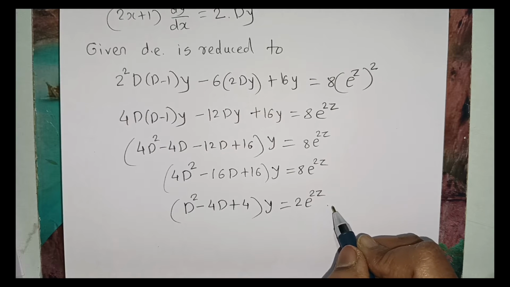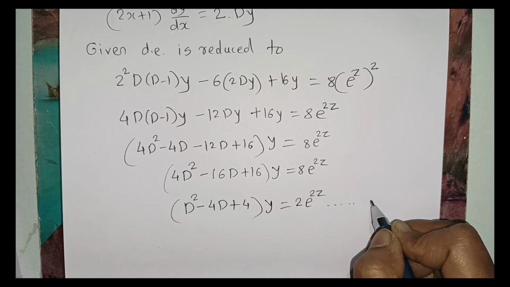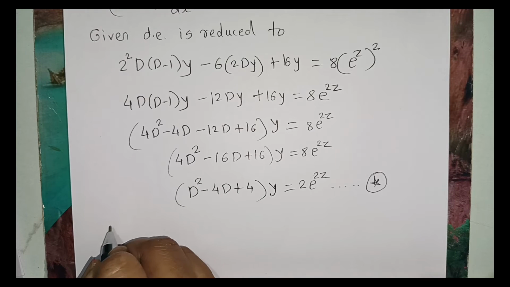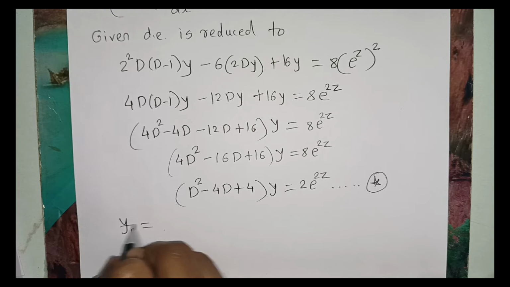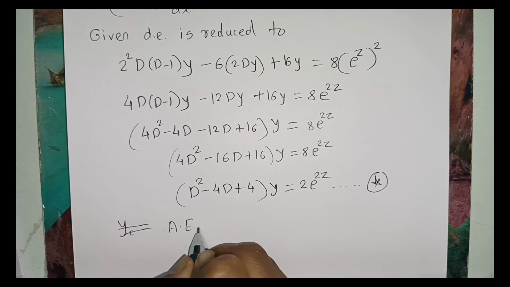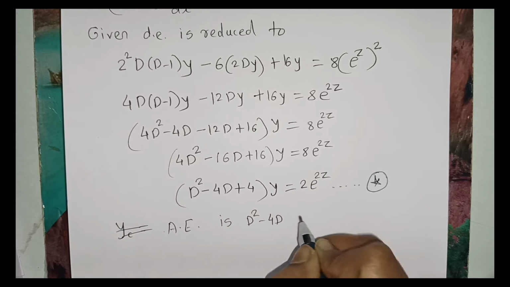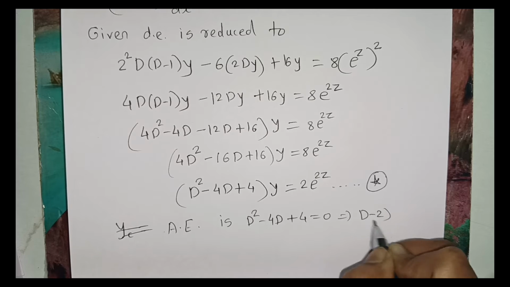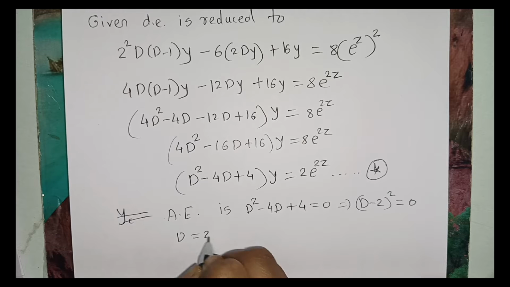Let this be equation star. So firstly you have to find the auxiliary equation. The auxiliary equation is D squared minus 4D plus 4 is equal to 0. So this is the perfect square (D minus 2) squared, that is D is equal to 2, 2.